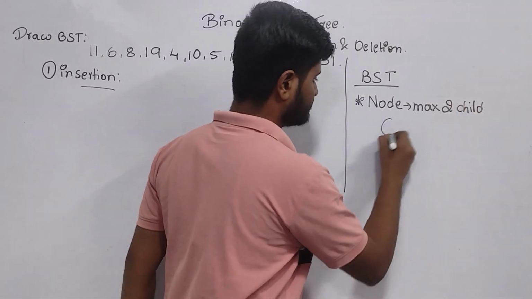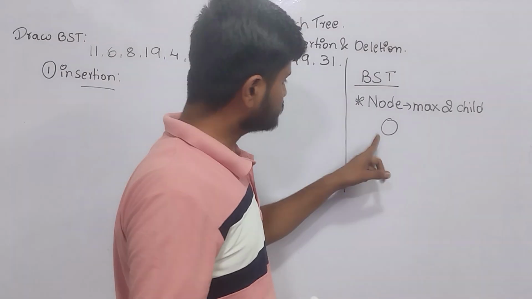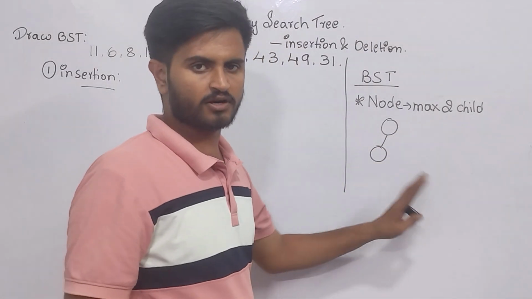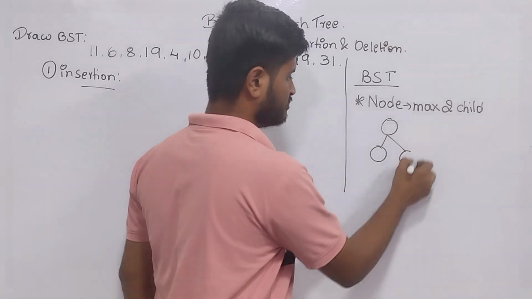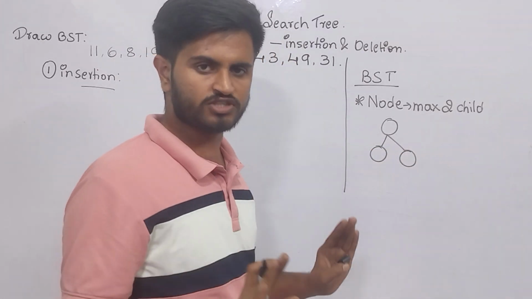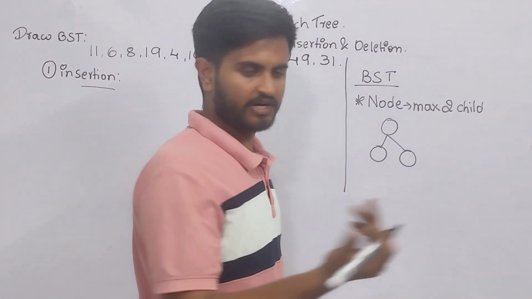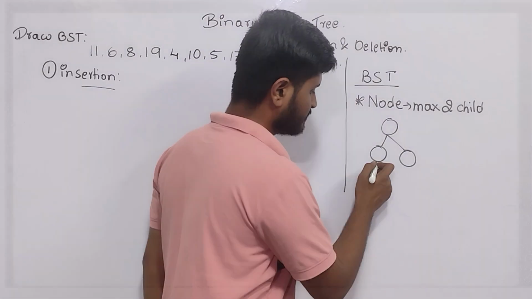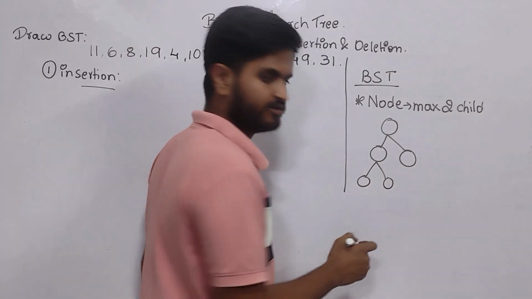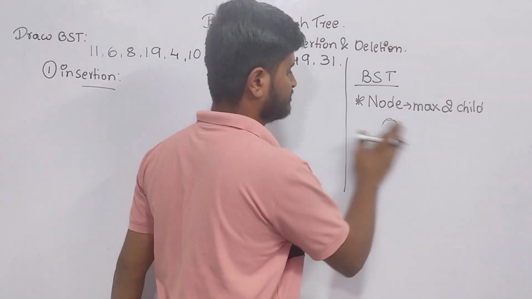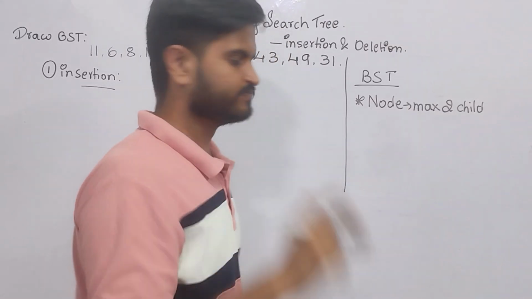So if you consider this as a node, it can have 0 children, 1 child, whether left or right, or 2 children. Each node must have a maximum of 2 children: 0, 1 or 2.